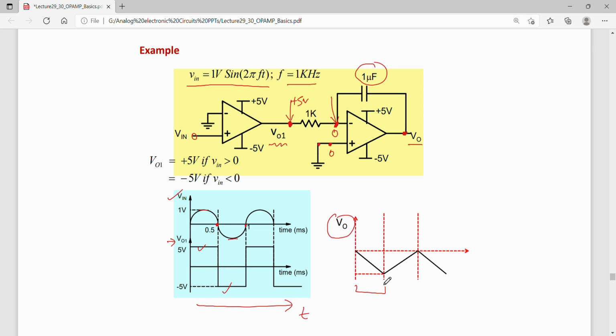That is why I see that the output is decreasing. Similarly, when minus 5 volts is applied here, 0 volts has to be established here, so the output will try to increase to raise this potential to 0 from minus 5 volts. So the output is increasing, then decreasing, again increasing, and so on.